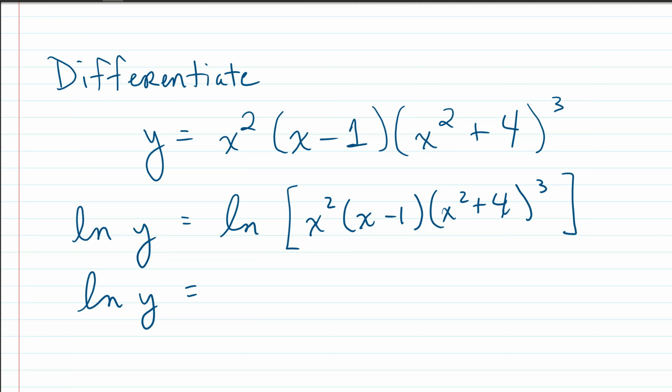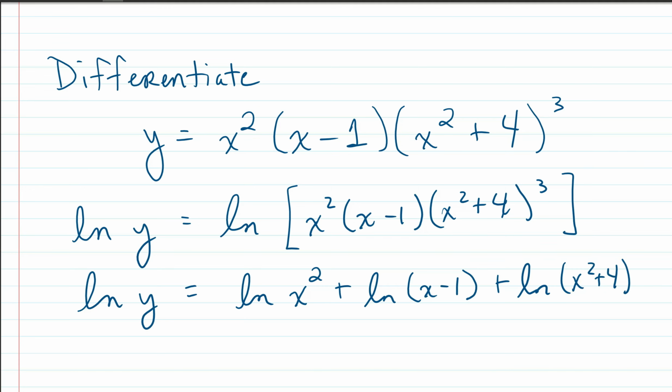So we should have the natural log of x to the second power plus the natural log of x minus 1 plus the natural log of x squared plus 4 to the third power, right? Remember that? So if you have a single logarithm that's a product, then you can change it to multiple logarithms and sum them up.